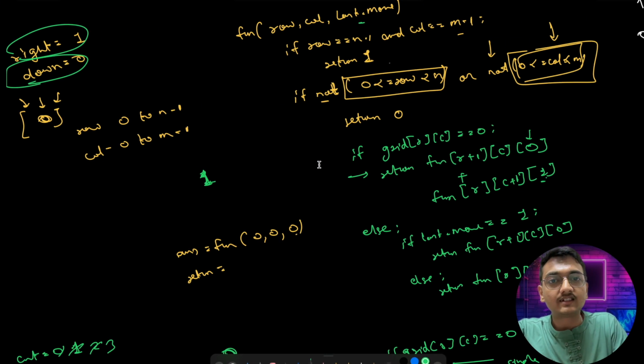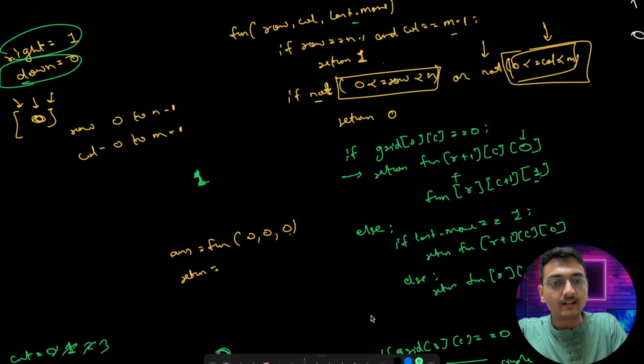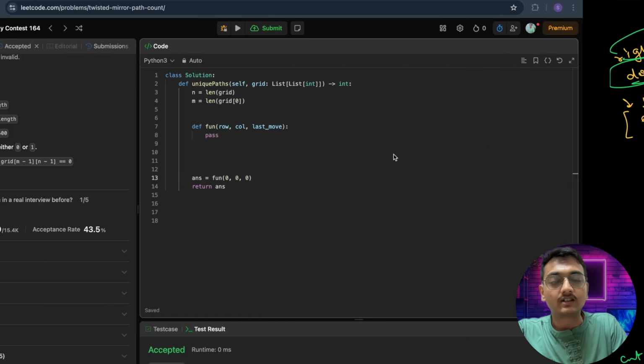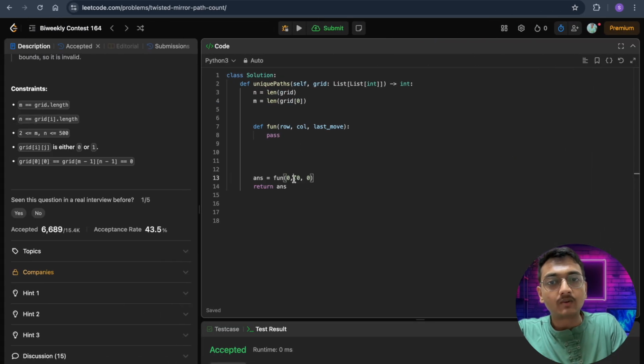I will not be checking this condition there. I access last move only when my grid cell is not equal to 0. When my grid cell is equal to 0, I will not be taking care of last move. Okay, super. If row equals n minus 1 and column equals m minus 1, that means I'm able to reach my destination, so I can return 1.